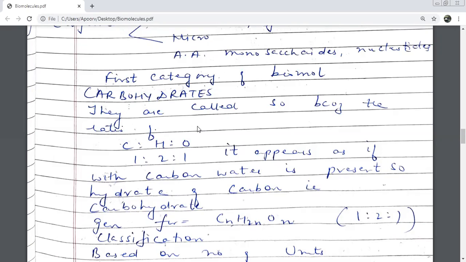Saccharides. What does the word saccharide mean? Sugar or sweet. Basically sweet tasting compounds. Carbohydrates are sweet in taste, so we can also call them saccharides.